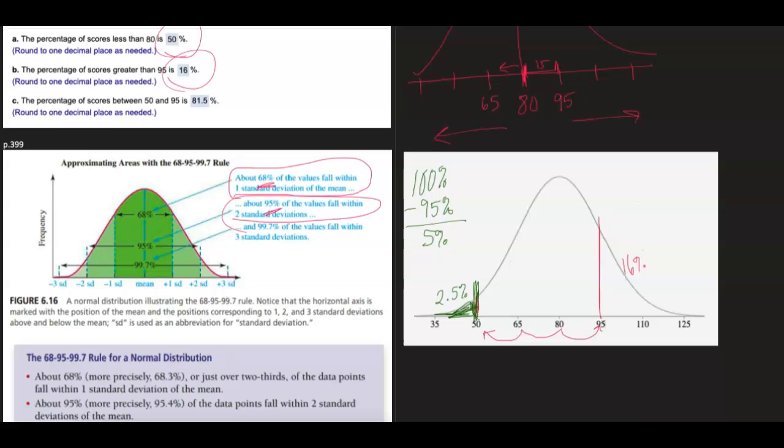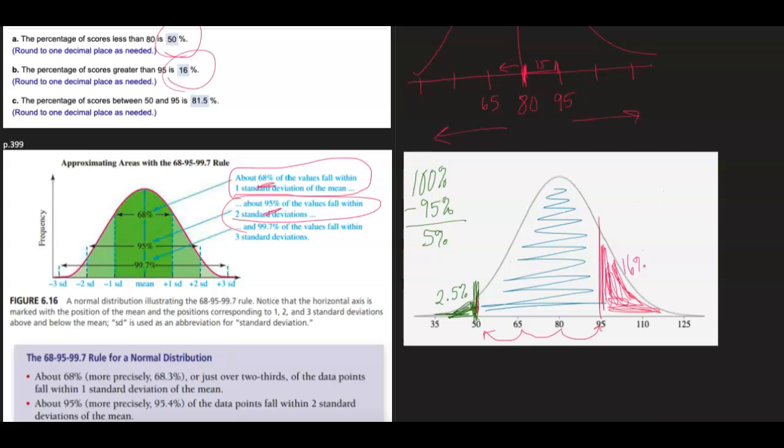And I'm going to keep that information. So I've got that 16% is above 95. I have 2.5% is below 50. And now I need everything that is left. And everything that is left is between these two. I know that all together, these 3 regions should sum up to be 100%.